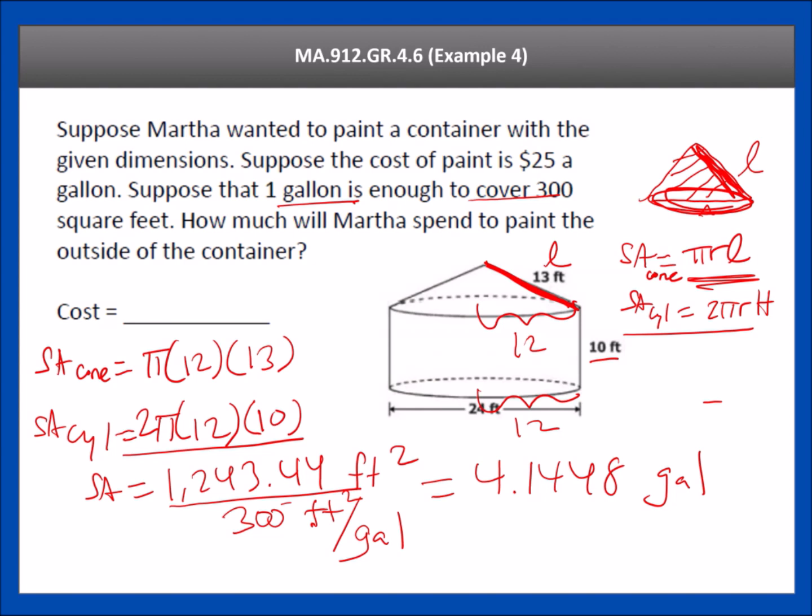But here they don't give us that information, so we're just going to assume that we can get that exact amount of paint, just to not complicate the problem. In that case, that would be $103.62. They need to be more specific in that problem in order to answer that question.